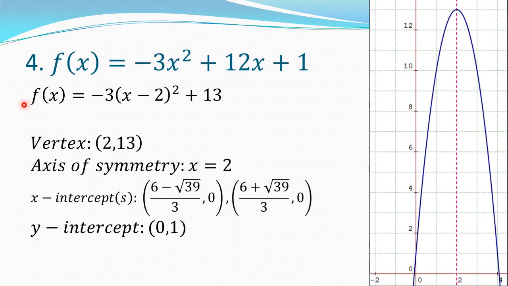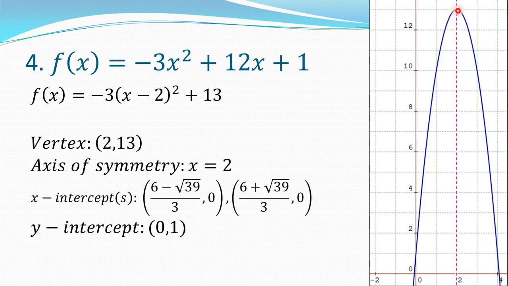Alright, so here's the summary for your number 4. So this one is -3 (x minus 2) quantity squared plus 13. Again, we got this by completing the square for the first two terms. The vertex is (2, 13). You can verify that in the graph. 1, 2, and all the way to 13. See?